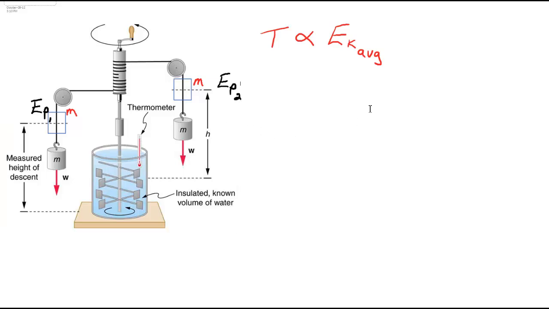And as those objects start to fall to the ground, they're going to start to gain kinetic energy. Now, from what we've learned in previous units, we know that by the time they reach the bottom, they will have transferred their potential energy into kinetic. So we're going to label that EK1 and EK2. Very easy to measure.